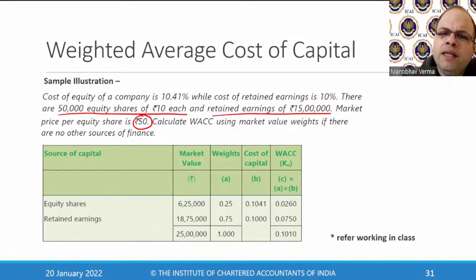They're asking for WACC using the market value weights. What I'm trying to say here is that if I'm applying the market value of 50, the market value is 50 into 50,000 shares.